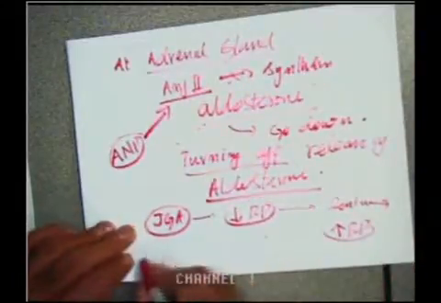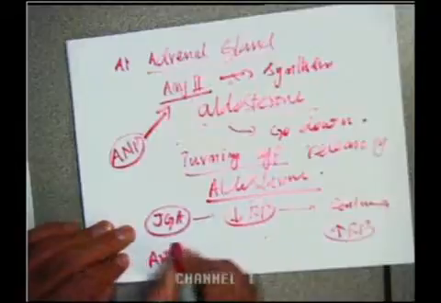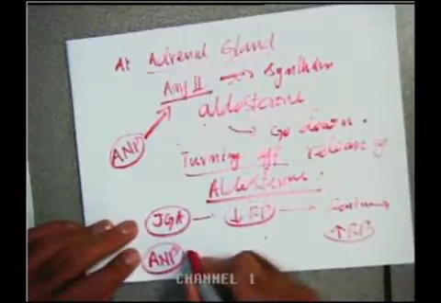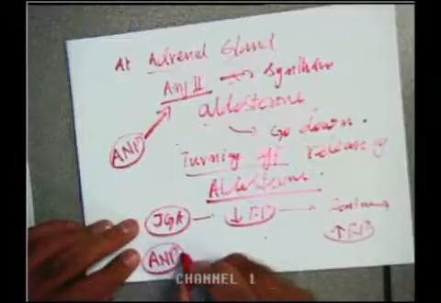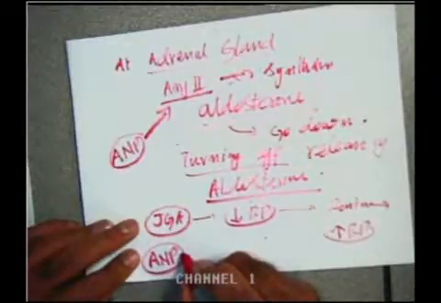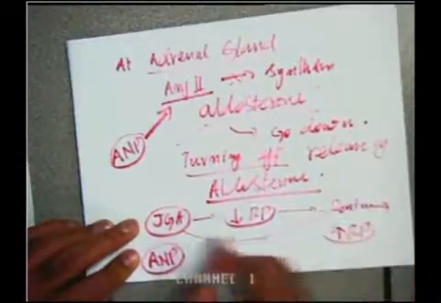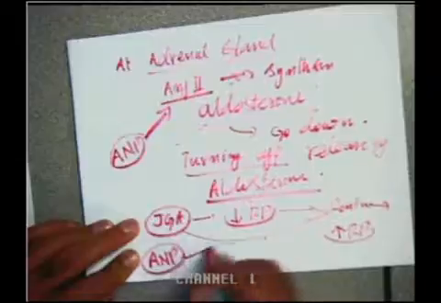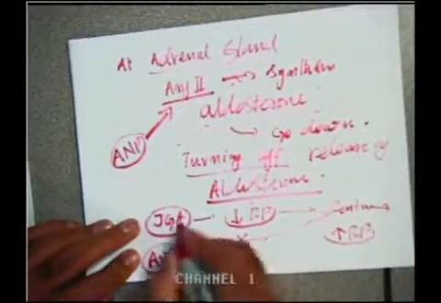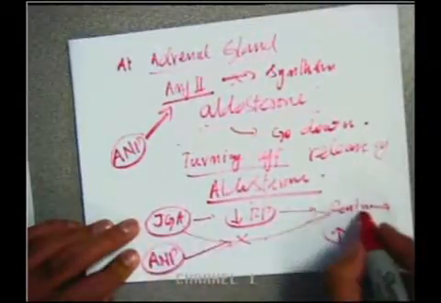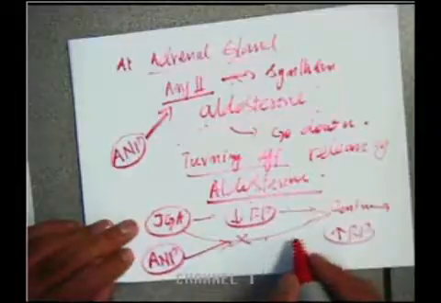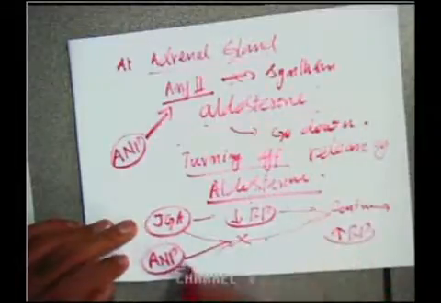That is the regular process. What happens is that the ANP will inhibit the renin process, the JGA to renin process. This will inhibit this process. JGA will not synthesize any more renin, and thereby it will act.